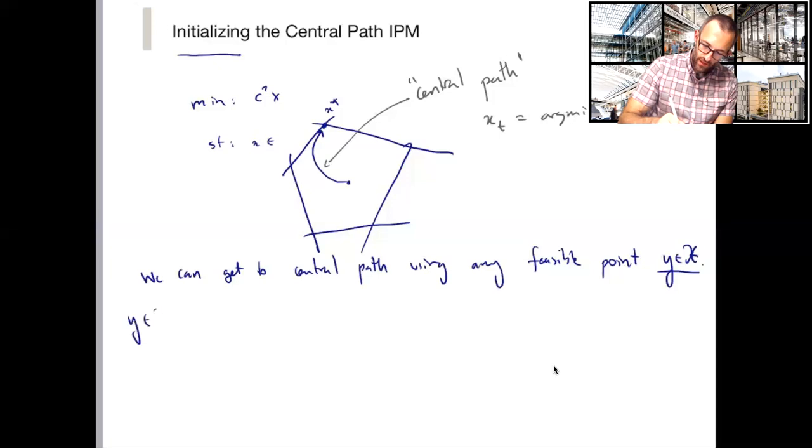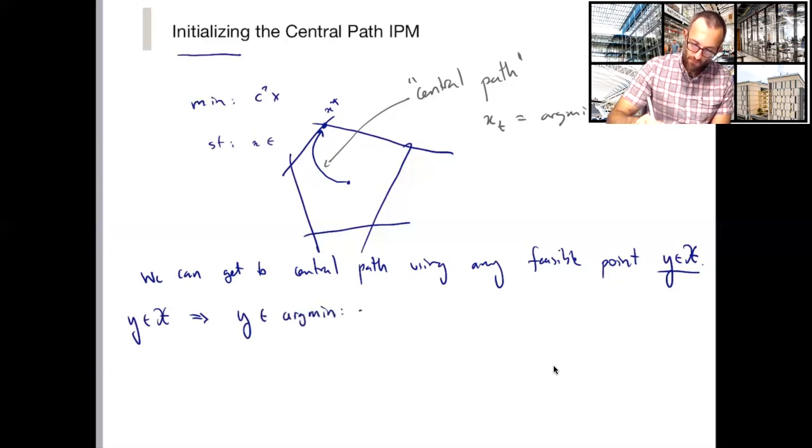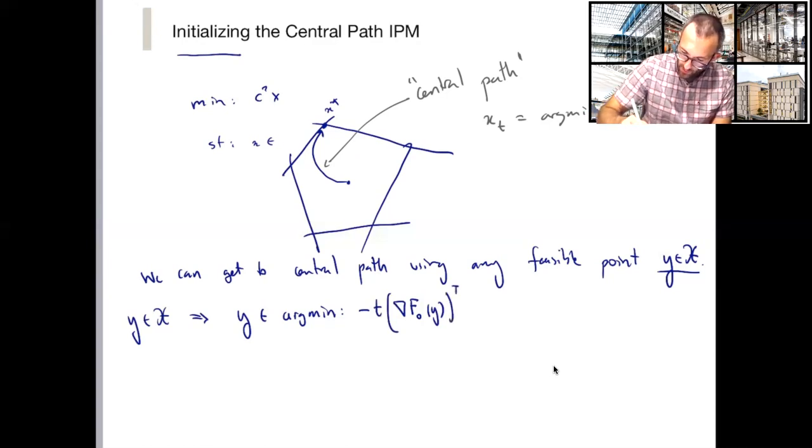So y, a feasible point of X, means that y is an element of the argmin of minus t times the gradient of f0 at y, transpose times x, plus f0 of x.